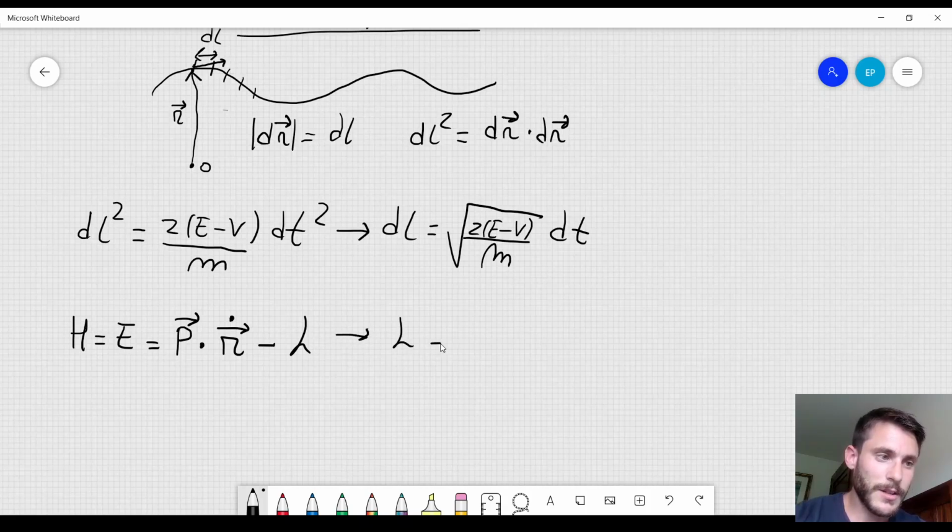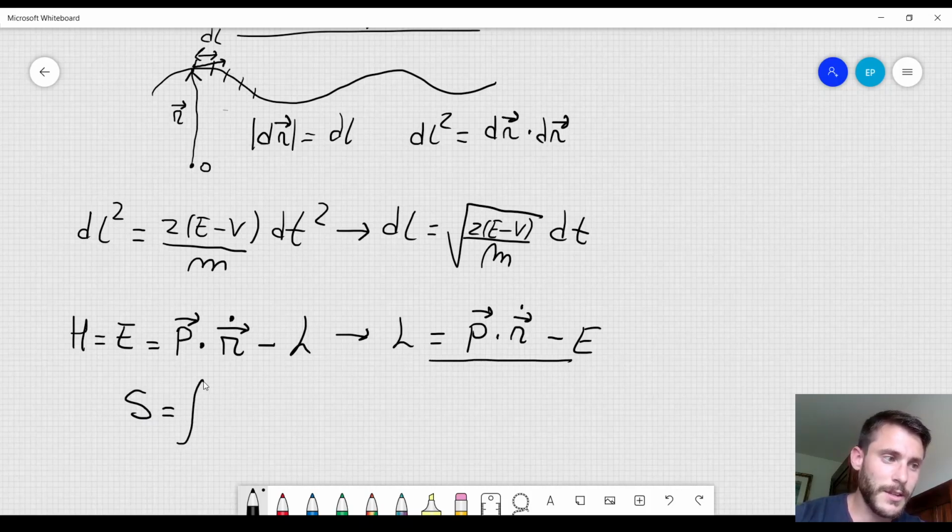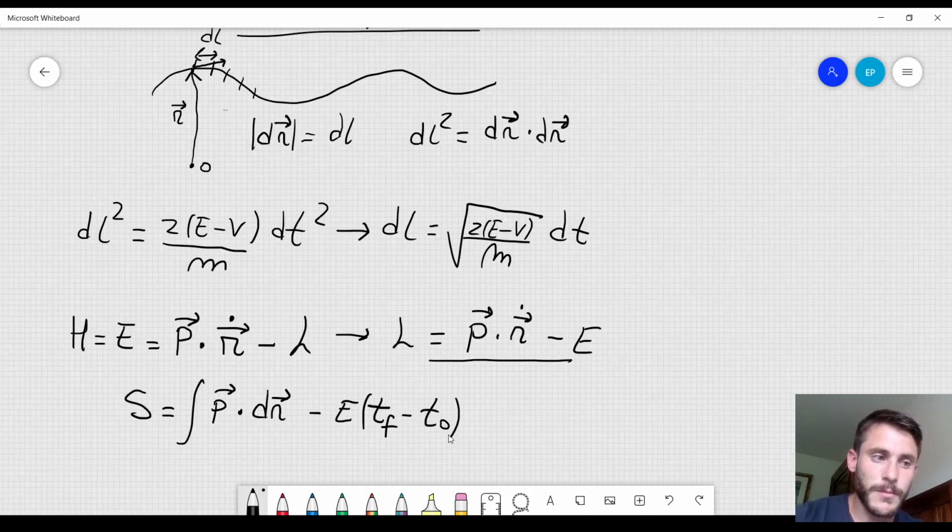So the Lagrangian can also be written as p dot r dot minus the Hamiltonian H, or if you want, minus the energy E. Therefore, the action can be written as an integral of the Lagrangian, but the Lagrangian is equal to this, so it's an integral of p dot r dot times dt, but that's just dr, minus the integral of a constant, which is the energy. So it's the energy times (tf minus t0). tf and t0 are the two endpoints of our path.